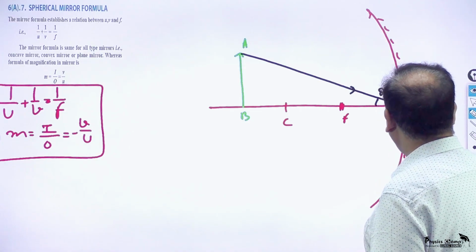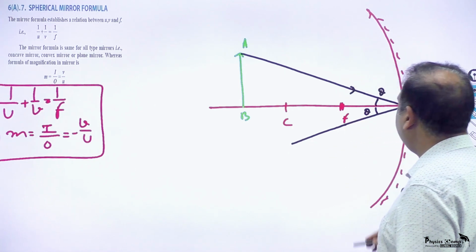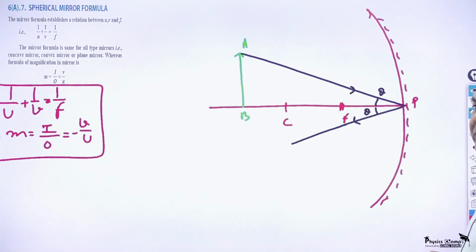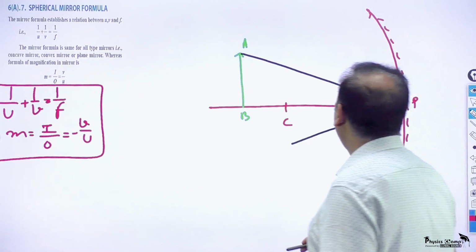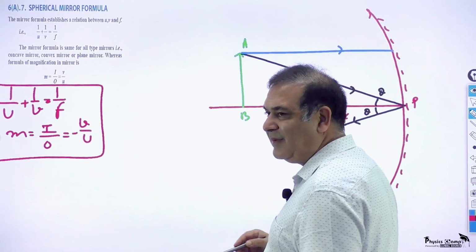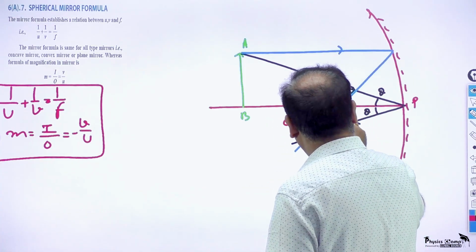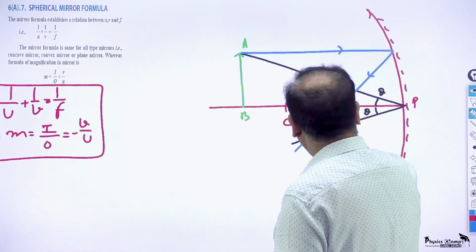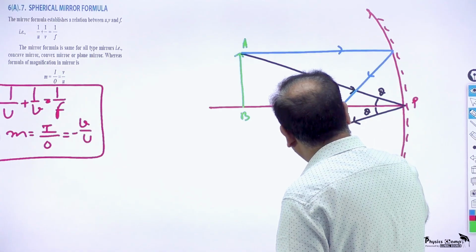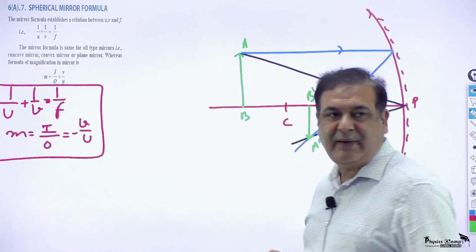The angle of reflection will be the same. So you have a reflected ray here. And the second ray, which is my choice, is let's take this ray parallel to the principal axis, and after reflection it will pass through focus, and thus it has given you an image A dash B dash that is formed between focus and center of curvature.